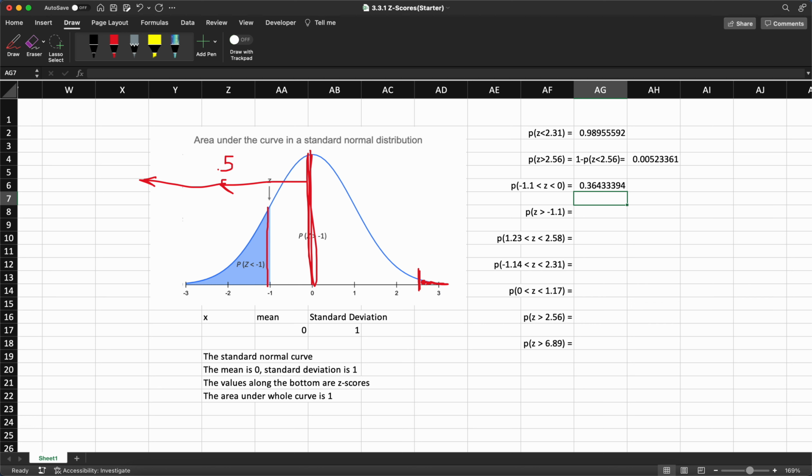All right, so now thinking about the same thing, let's find the area that's just greater than negative 1.1. So let me erase some of this stuff.